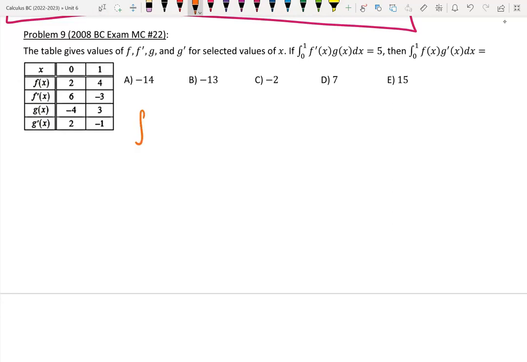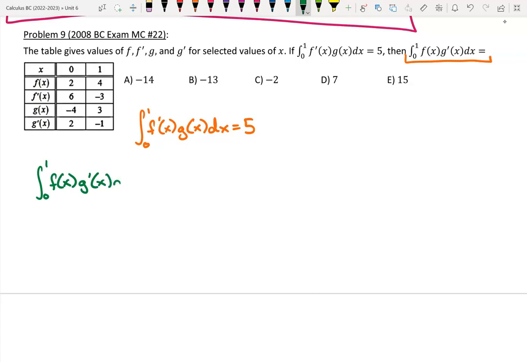So we have the integral from 0 to 1 of f prime of x, g of x, dx, telling us it's equal to 5. It's good to know. And then we have this here. Well, the integral from 0 to 1 of f of x, g prime of x, dx.